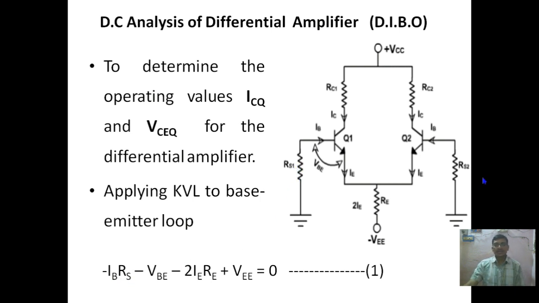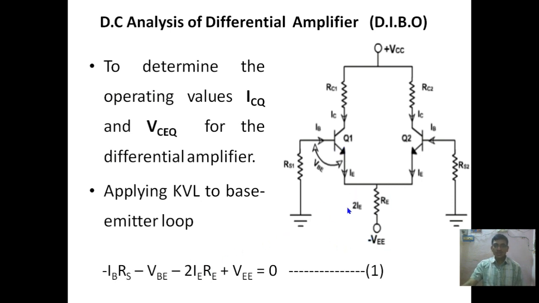Instead of RS1 and RS2, I am taking it as RS because RS1 is equal to RS2, which is equal to RS. Minus IB RS, then the base to emitter voltage is minus VBE, then minus 2IE into RE plus VEE is equal to 0. So the KVL equation is completed here.